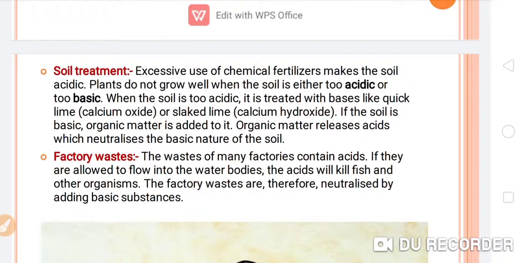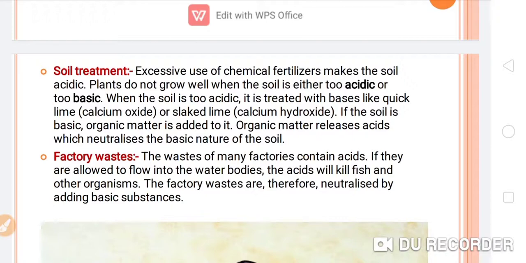Suppose you have a backyard and the soil of your backyard is acidic in nature. How can we neutralize its effect? By the use of calcium oxide, calcium hydroxide, or calcium carbonate. These are all basic in nature and can neutralize the effect on your soil.